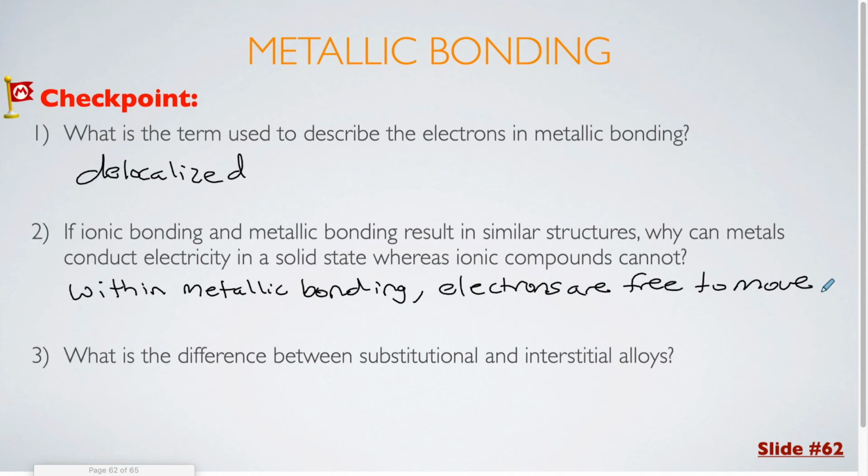Within an ionic structure, the ions are locked into place. So the fact that they are not mobile makes the structure a lot more brittle. It also would not allow for the conducting of electricity or heat. Number 3. What is the difference between a substitutional and an interstitial alloy? For a substitutional alloy, the atoms are similar in size.